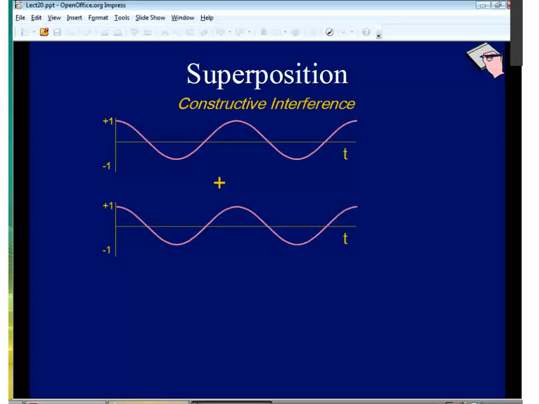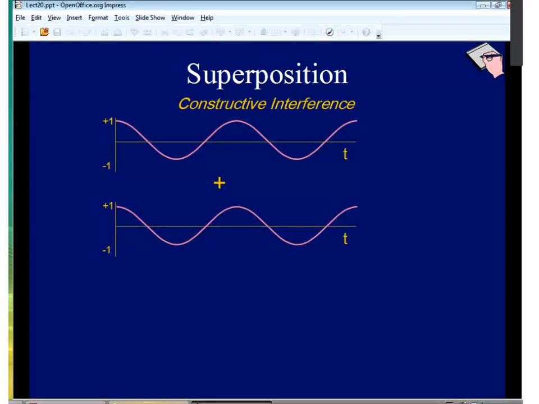When we have the effect of multiple waves at the same point, at the same location, then it is the superposition principle that allows us to analyze the situation.